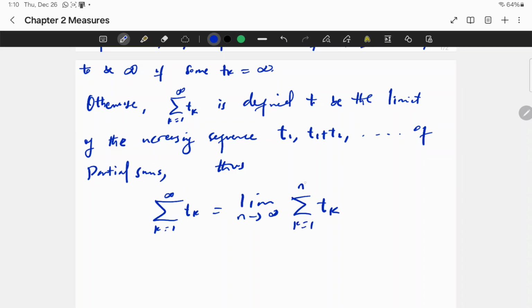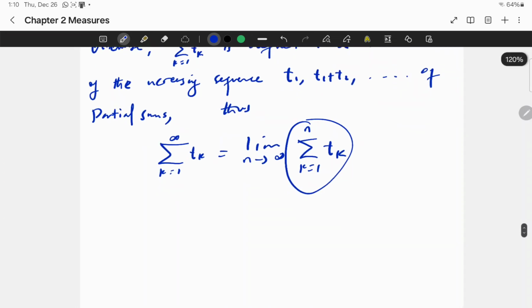So we first take the partial sum, then take the limit, and we have the infinite sum as our definition.